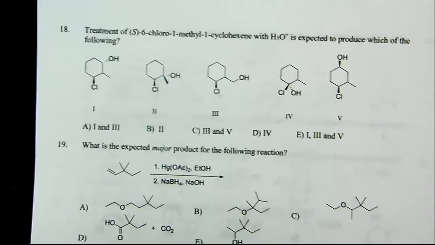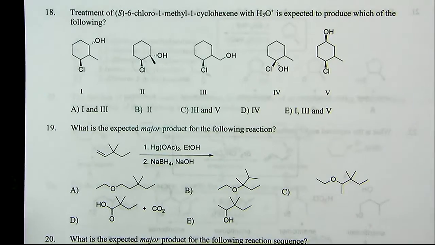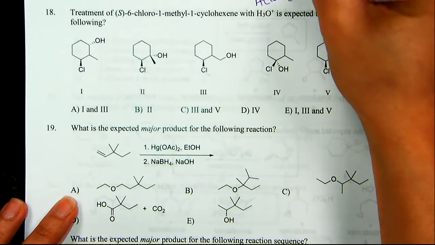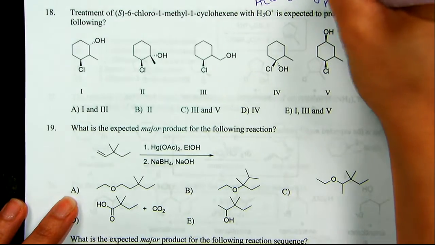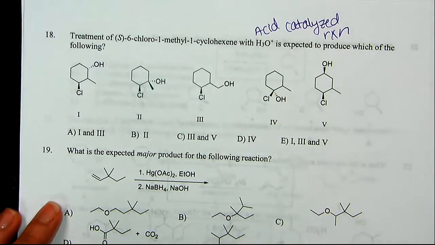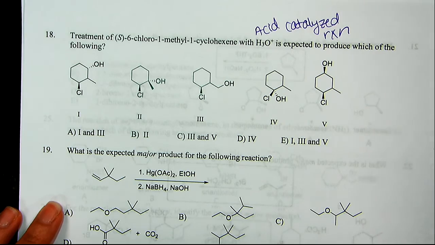18. Treatment of this alkene with H3O plus. Acid catalyzed hydration reaction. Okay, so what is expected to be produced? That means we're going to put a hydrogen on the most stable position.